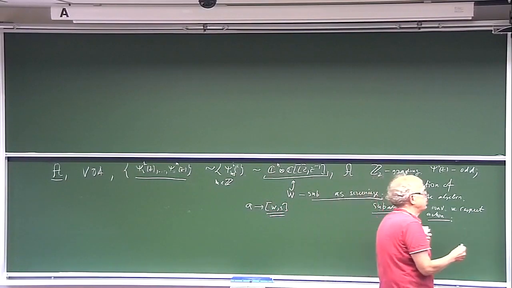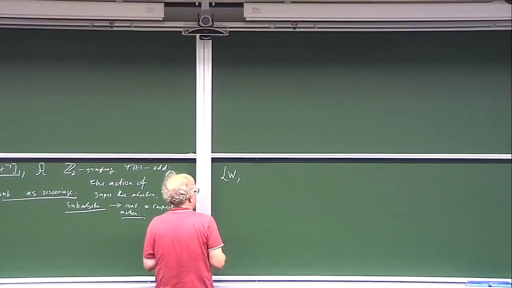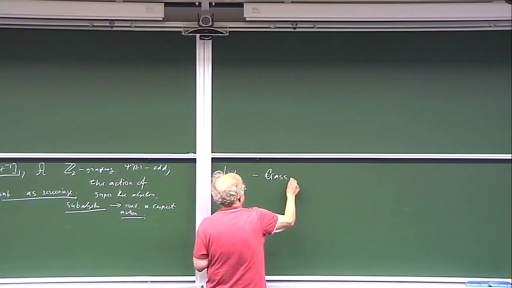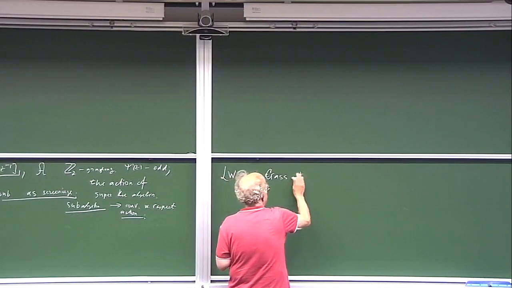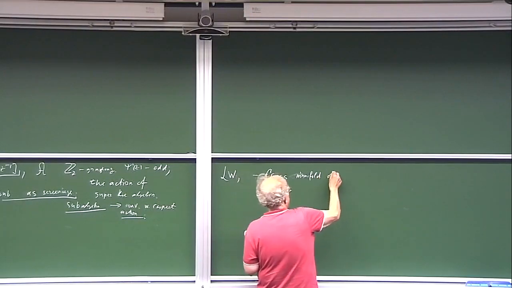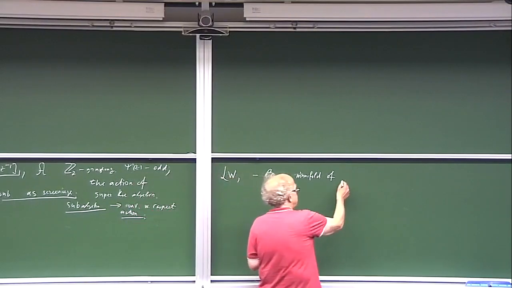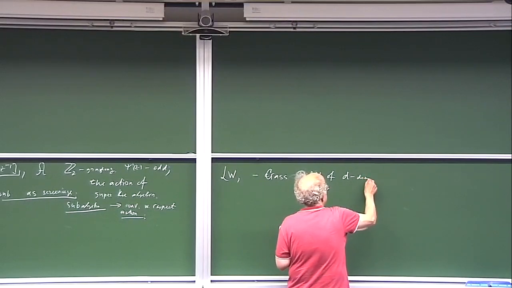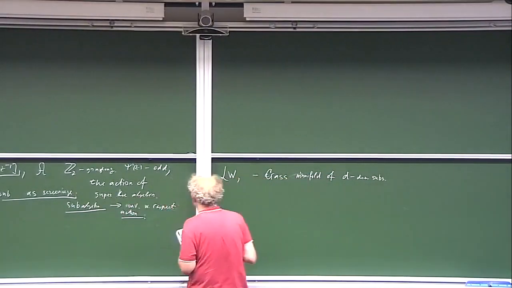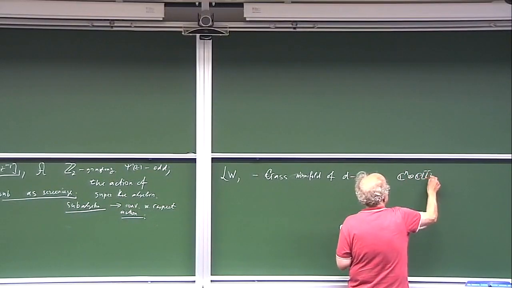So we construct a collection of all W, as I said, a Grassmannian manifold of D-dimensional subspaces, where D is the dimension of W, in this space Cn times C z inverse.